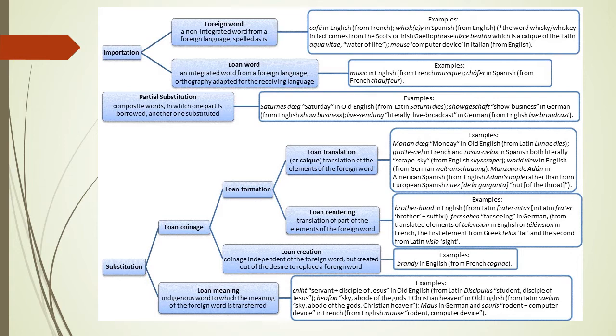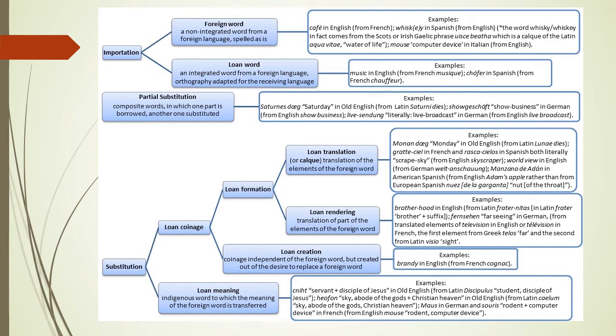That substitution has two further types: loan coinage and indigenous substitution. Loan coinage has two further types: loan formation and loan creation. Loan formation has two different types of translation or formations. One is translation of all the elements of the foreign word, and the other is loan rendering, translation of part of the elements of the foreign word.